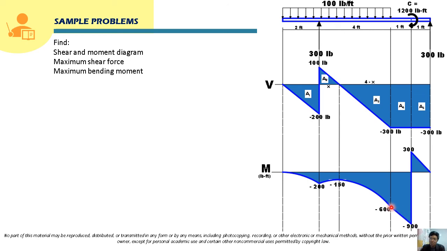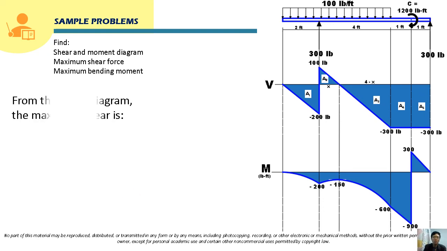So this point up to this point is just a straight line, sloping down. Here there's a change in moment, so it will go up here. And then from here, this is just a rectangle, so the moment will be a triangle. So the points from here to here will just be a straight line. So this will now be the shear and moment diagram, class, for this problem.